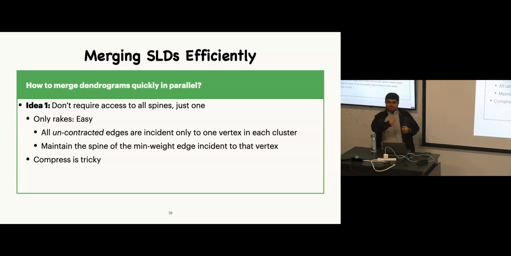Then all of the edges present in the tree at any point in time are incident to a single vertex in a particular cluster, because we always keep raking things into a particular cluster. So every active edge is incident to only that vertex, and whenever we need to merge something with that cluster, we just require the spine corresponding to the min weight edge incident to that vertex.